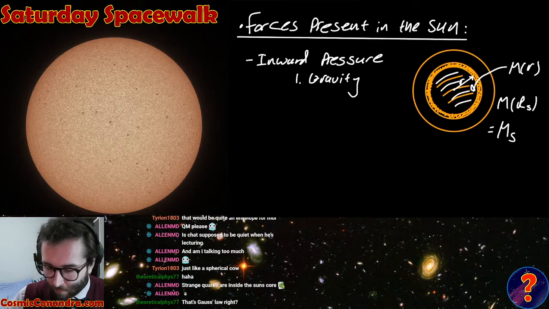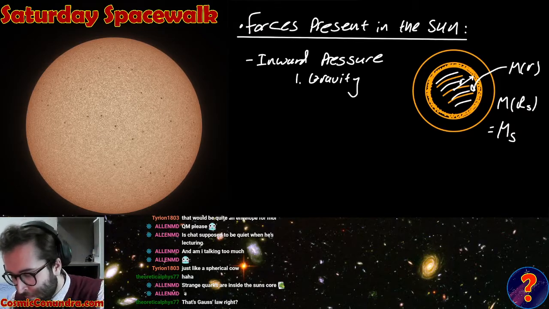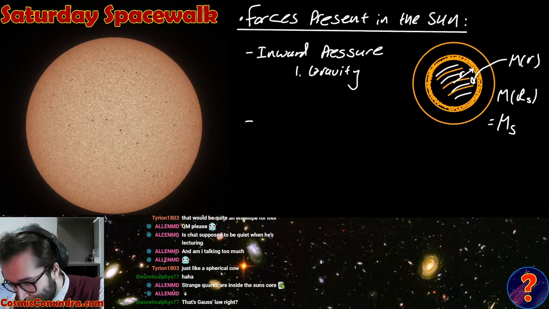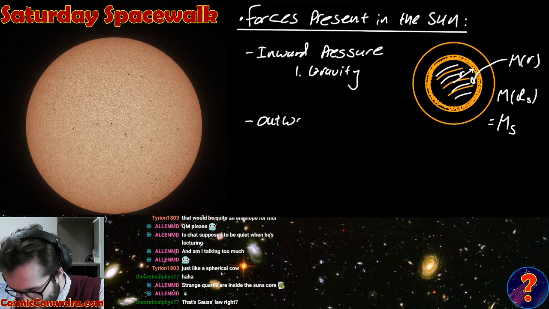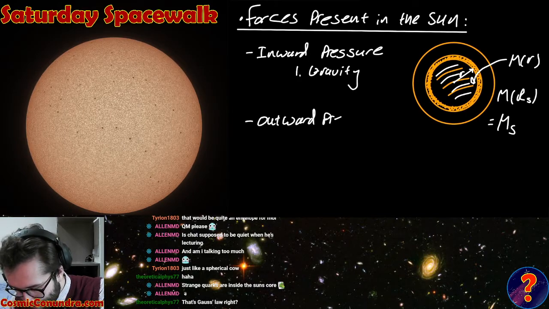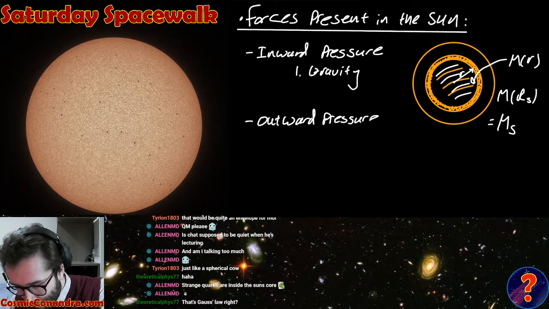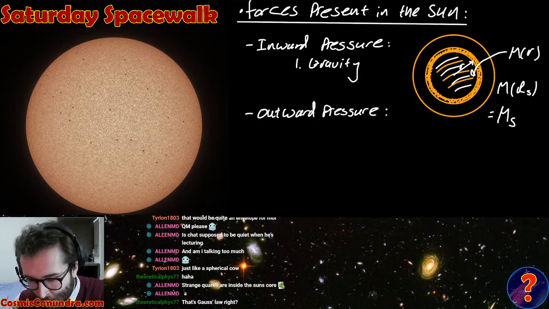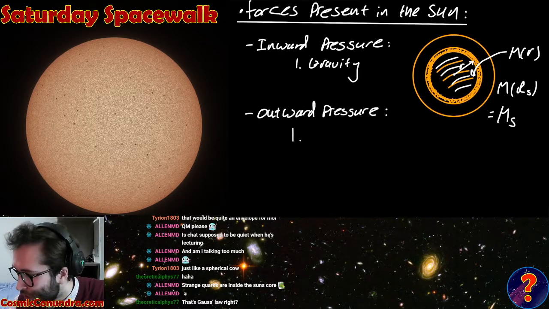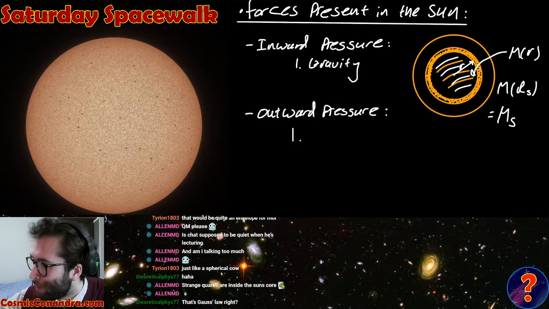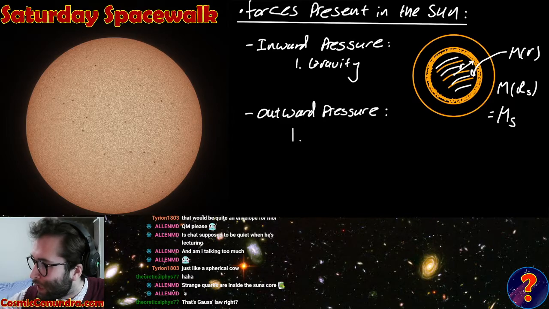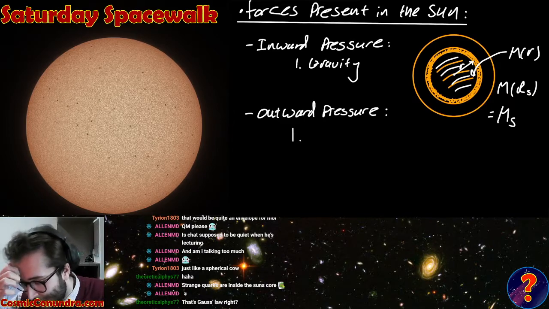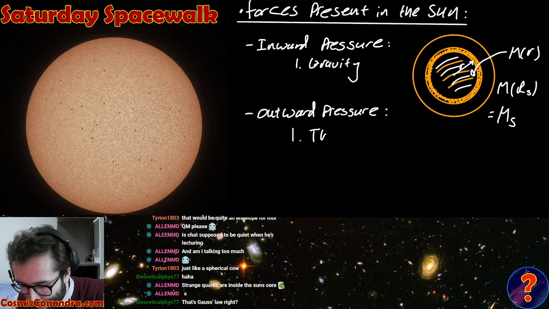That's right. Okay. And what about outward pressures? Well, there are a few different sources of outward pressure. The one that we'll be thinking about, which is the most important for main sequence stars the size of our Sun, is thermal pressure.